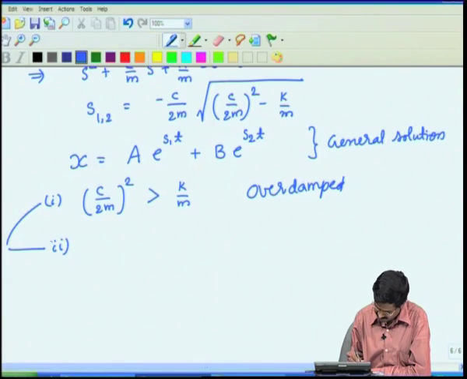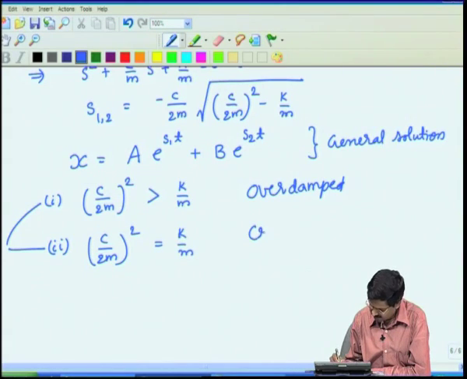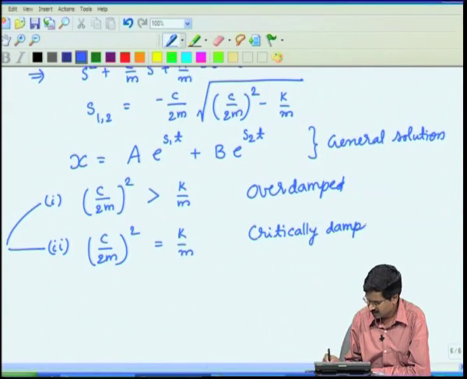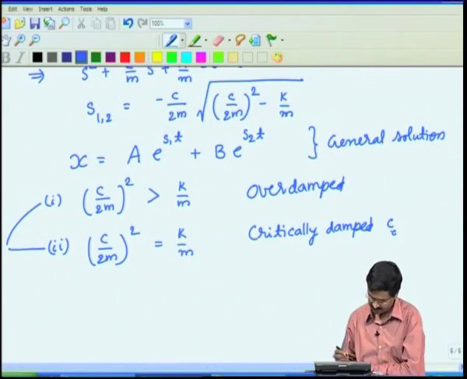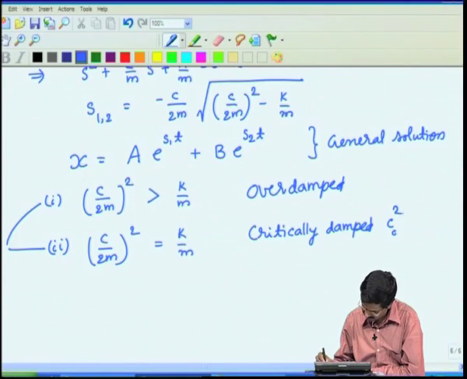Second one is when (c/2m)² is equal to k/m, we call it the critically damped state. In fact, in that case we can define a Cc, where Cc²/4m², I am just squaring here, is equal to k/m.